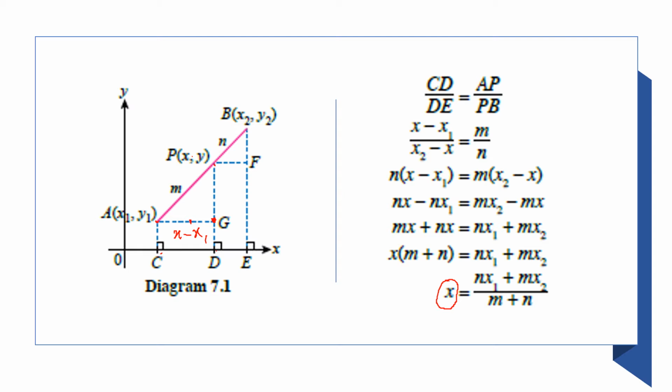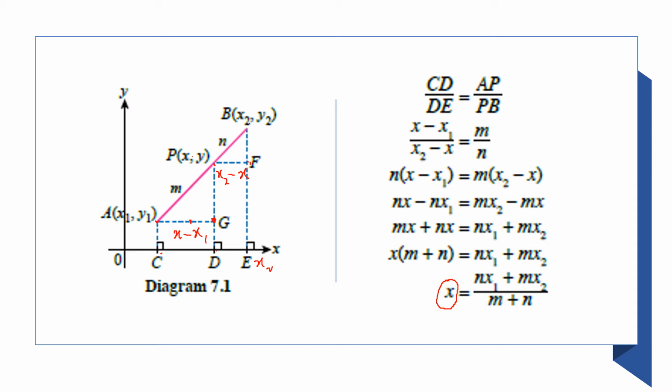And for DE actually is from X2, because this is X2. So X2 minus X. So X minus X1 is CD, and DE will be X2 minus X. So the ratio is same as AP is to PB.